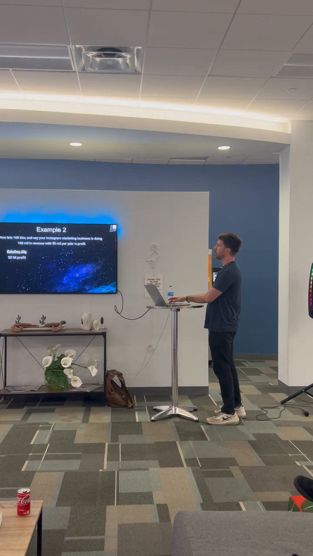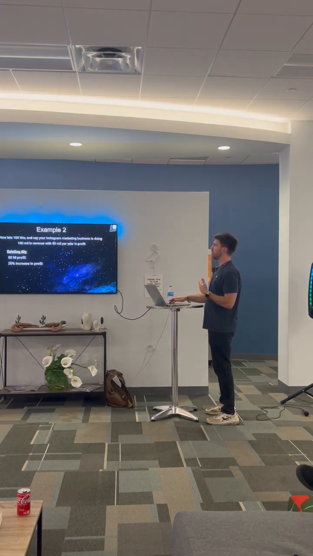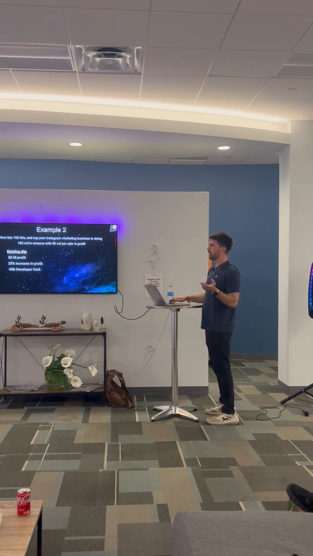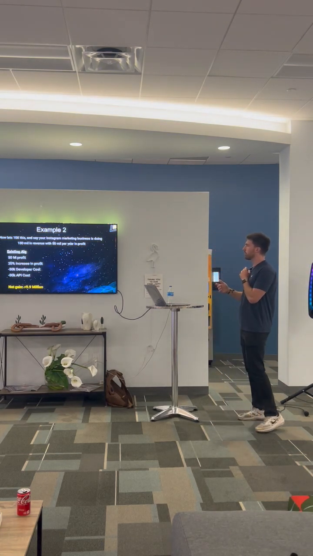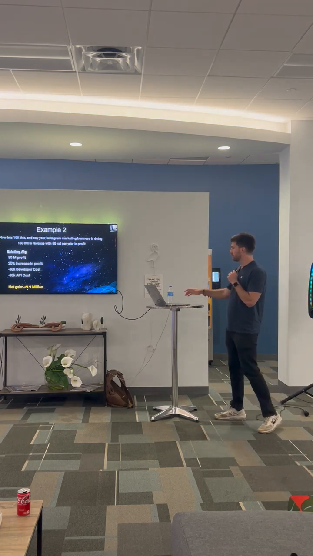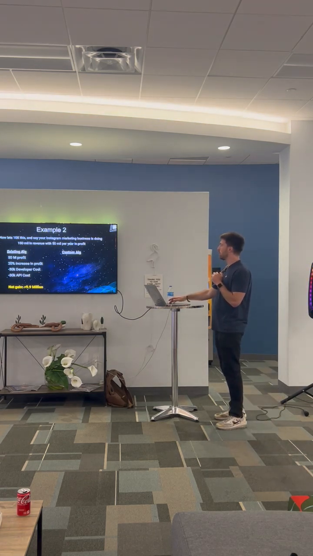Again, if we're just using ChatGPT, let's imagine it gives us a 20% increase, 30K developer cost, 30K API cost, and so we're looking at a net gain of 9.9 million over the course of the next year.